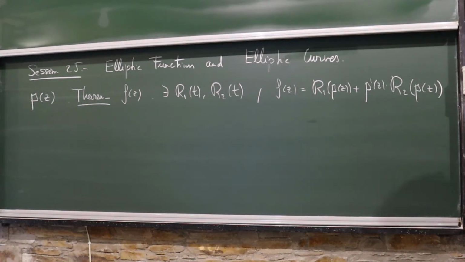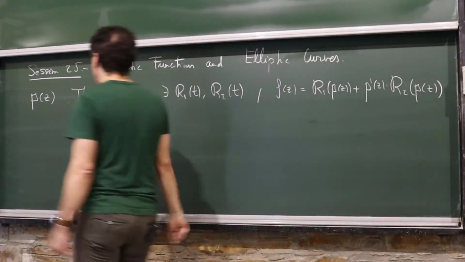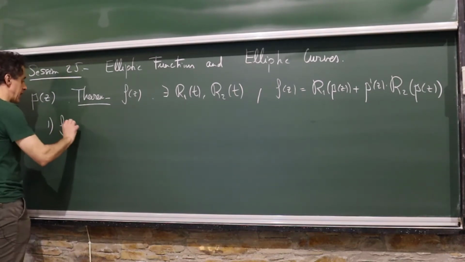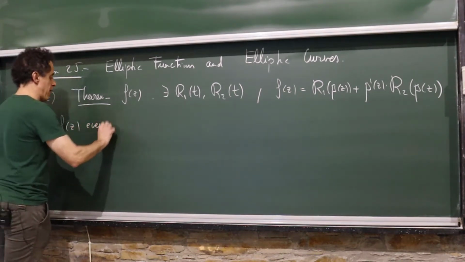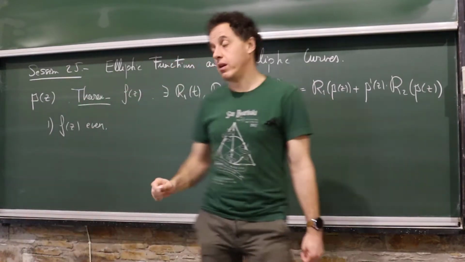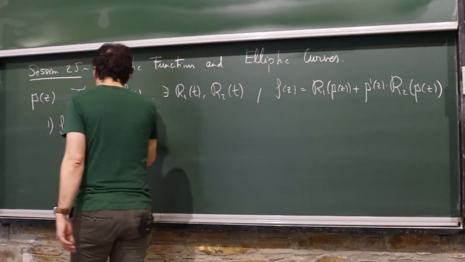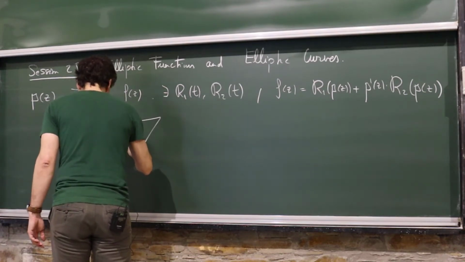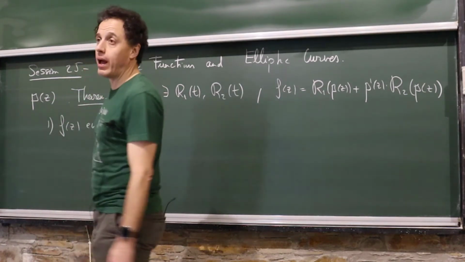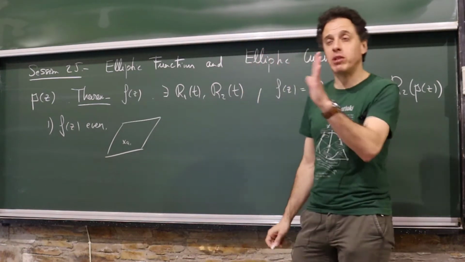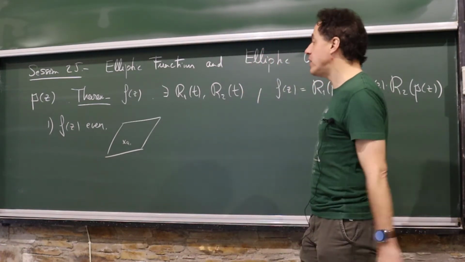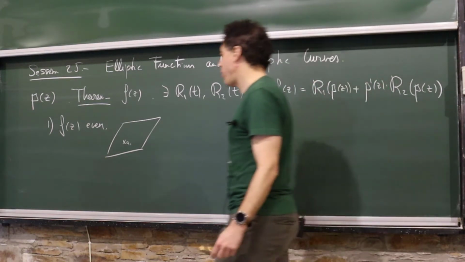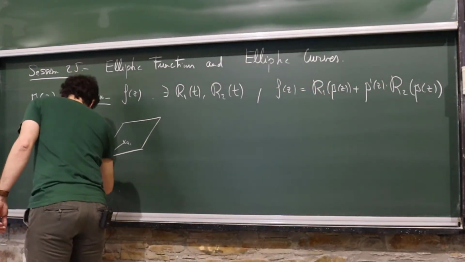Well, the proof goes as follows, essentially. Assume first, the first case, that f is even. If you take the fundamental parallelogram and there is some zero a1 of the function f, as it is even, there is some zero at the point minus a1.